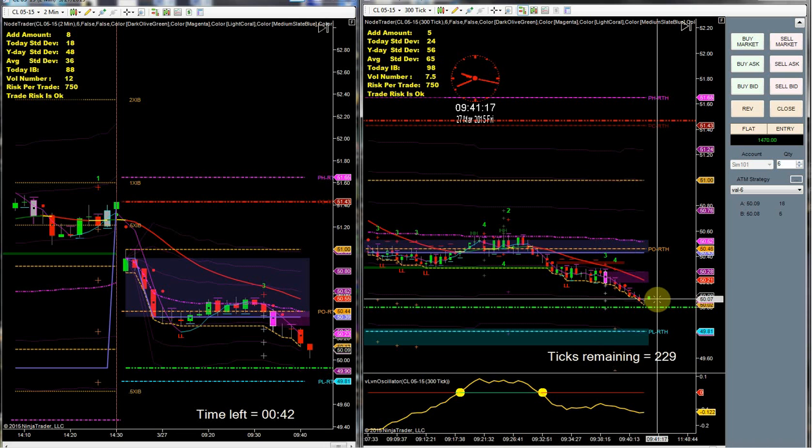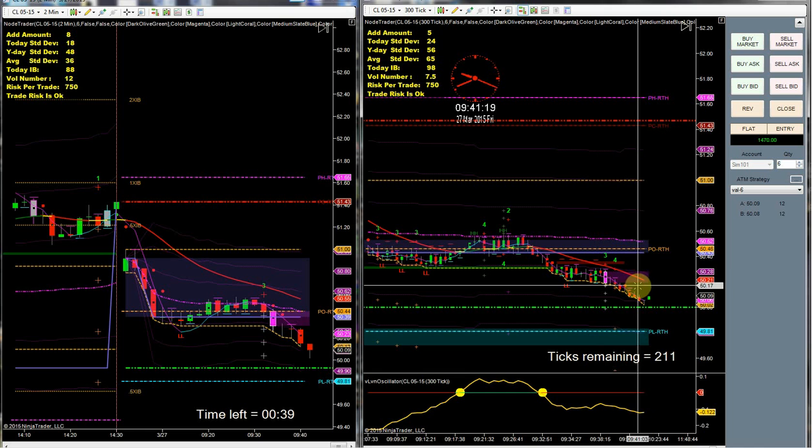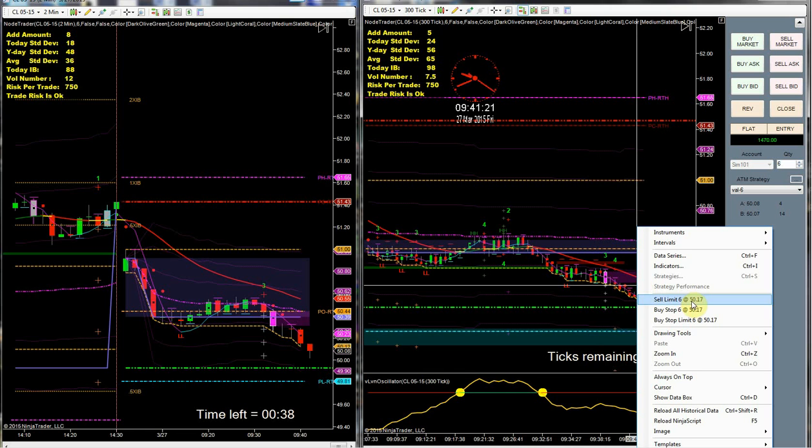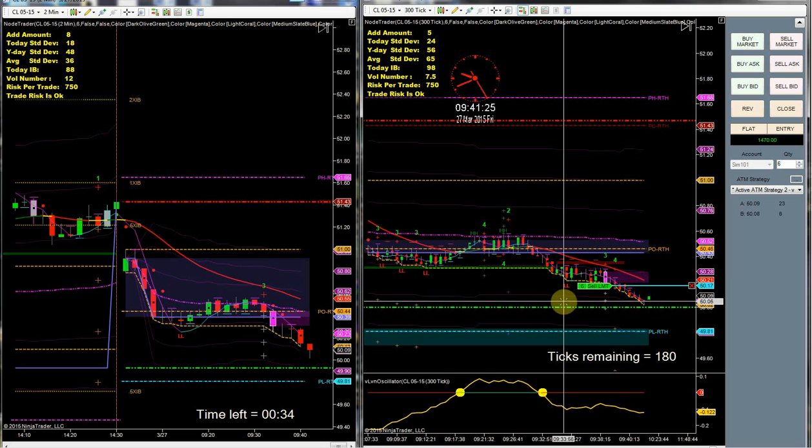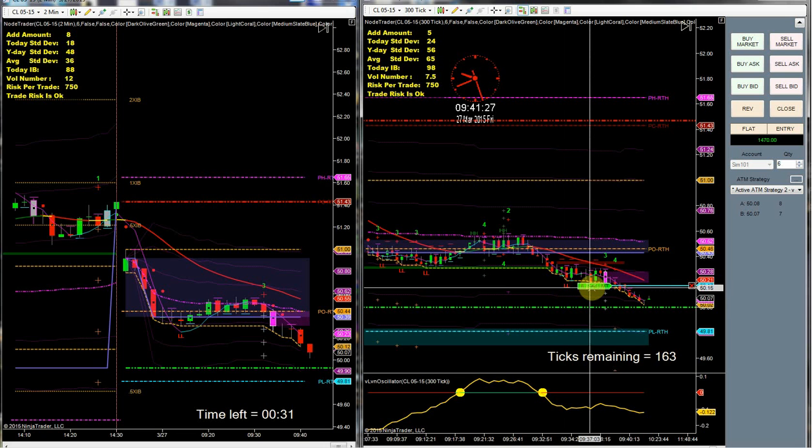Alright, so at this point we'll go ahead and place our order. Order pending. And as I said I'd do, I'll place it at the edge instead of the middle. So it would be right here at 1.6.